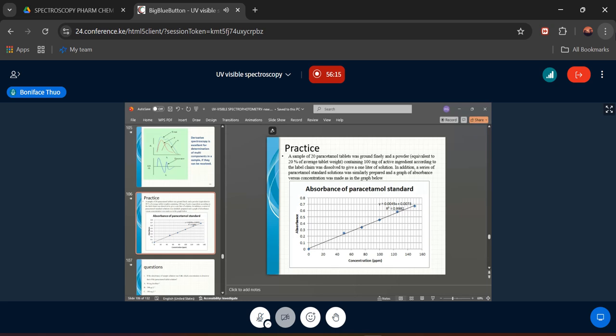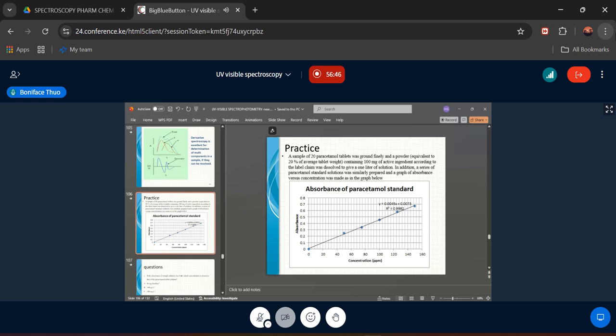A sample of 20 paracetamol tablets ground finely into powder, and the powder equivalent to 20% of the average weight of the tablet, containing 100 milligram of active ingredient. In addition, a series of paracetamol standard solutions was similarly prepared, and a graph of absorbance versus concentration was made as in the graph below.